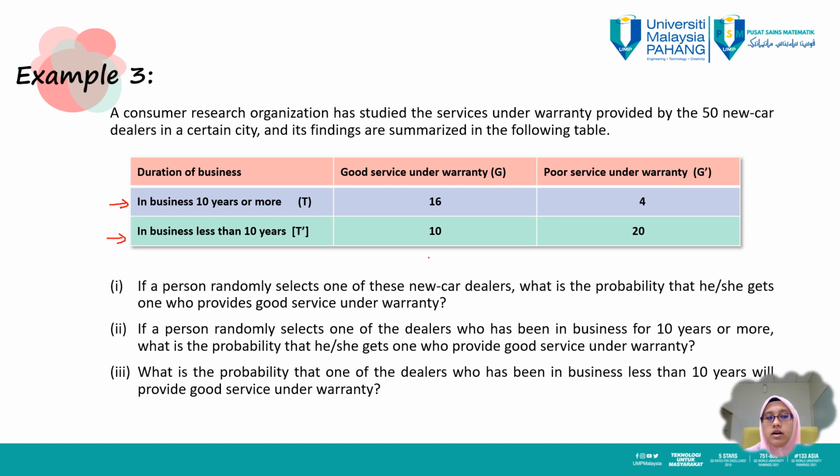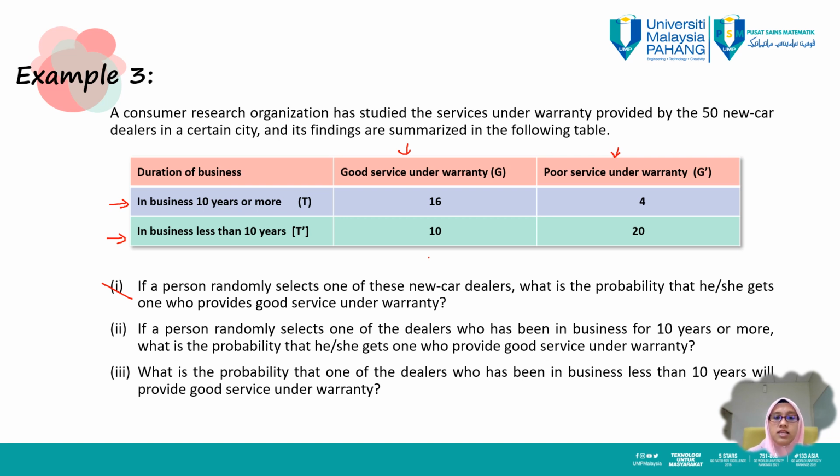We have good service under warranty and poor service under warranty. Number one, if a person randomly selects one of these new car dealers, what is the probability that he or she gets one who provides good service under warranty?